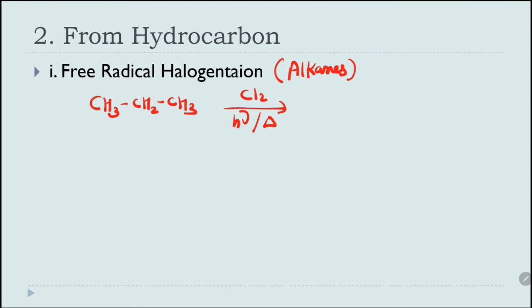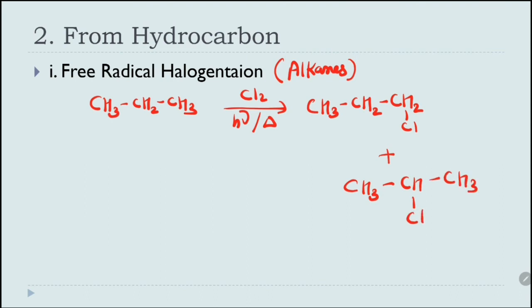Okay, and here all types of products will be formed, like CH3CH2CH2Cl. This is 1-chloropropane, and another product will be CH3CHClCH3. This is 2-chloropropane. Both products will be formed here, but this one will be formed in major amount.